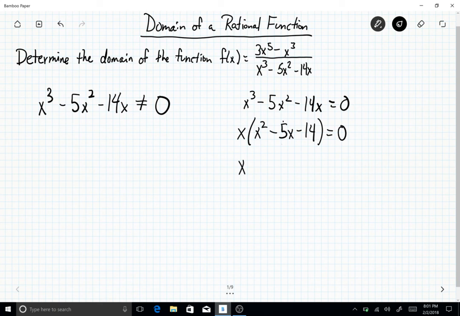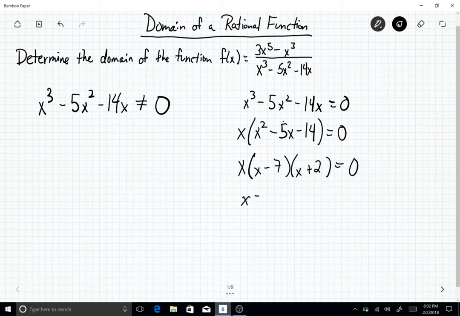And then you'd get x times the quantity here. We can actually factor that nicely. You're looking for two terms that multiply to negative 14 and add up to negative 5. Well, notice if you do a negative 7 and a positive 2, you get negative 14 as the multiplication, and negative 5 as the addition. So that satisfies our conditions there.